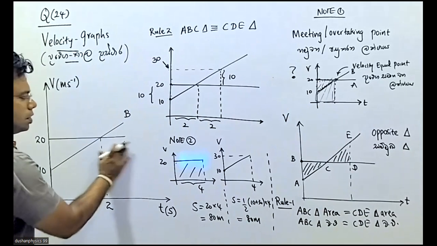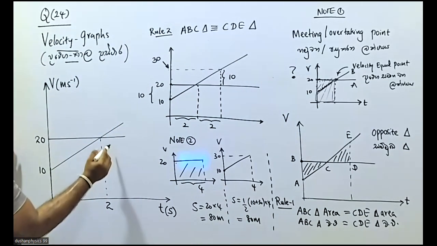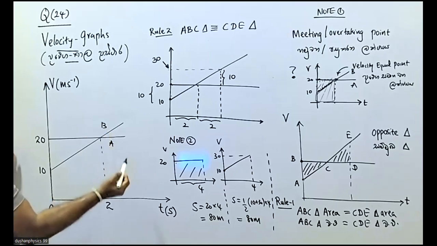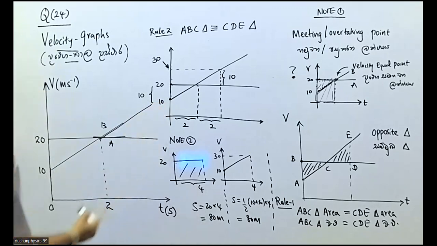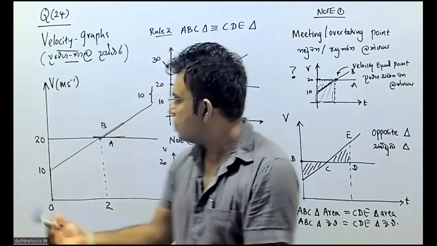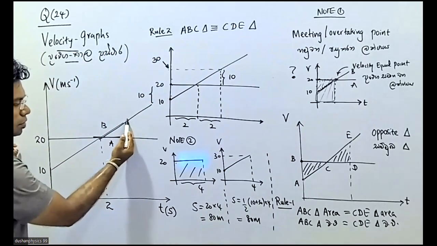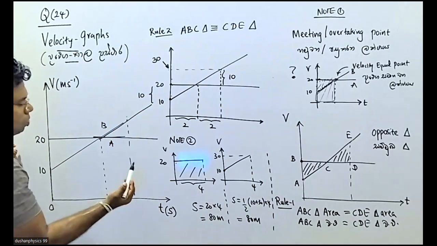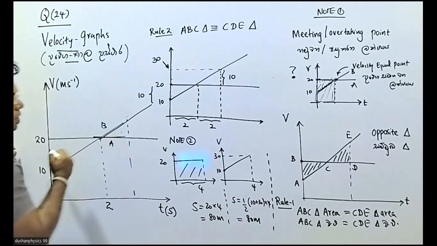If you go to write this particular point, they just give it like this. But don't get misled. What you have to do is extend the graph, and you can't simply say this is the point. No. Why? This particular triangle should be equal to this particular triangle's area.